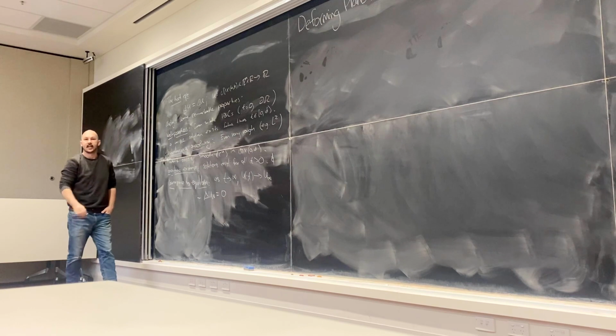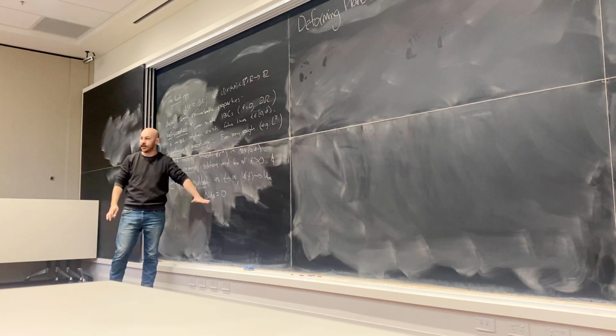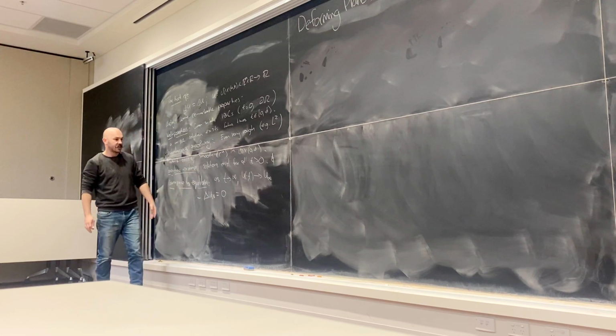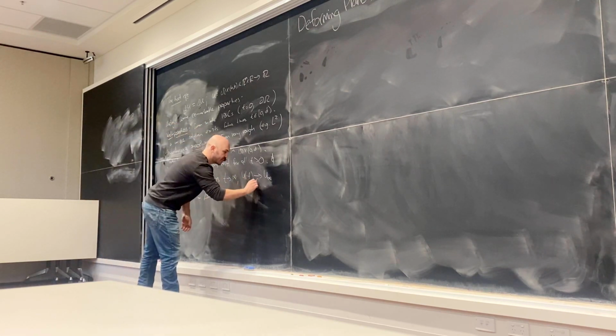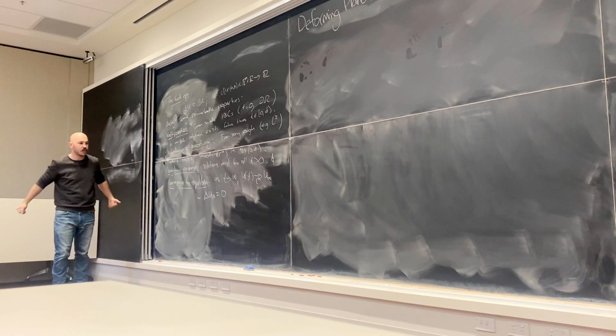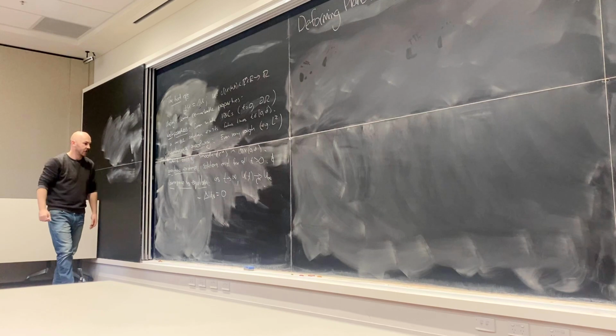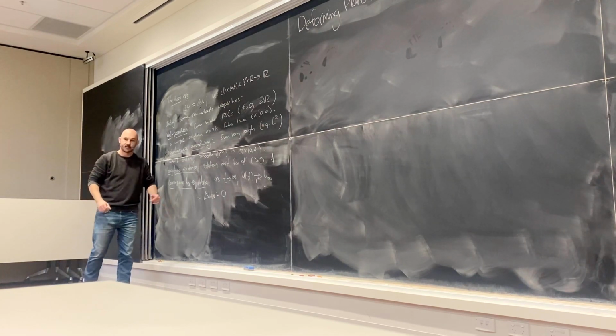So as time goes to infinity, the solution settles down into an equilibrium state. And this convergence is actually smooth. So this happens in the smooth topology. The function and all its derivatives settle down into this nice smooth harmonic function.